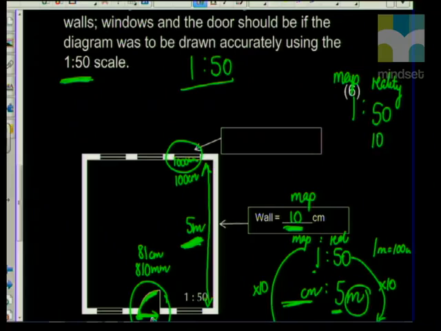And I've got 100, which is quite a nice easy number because 50 times 2 gives me 100. So if I multiply this by 2, I'll get 2 centimeters as my distance on my map. So my window equals 2 centimeters on my map.